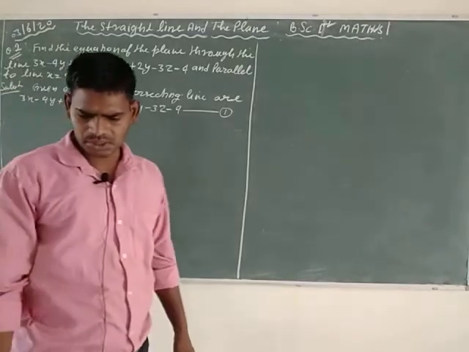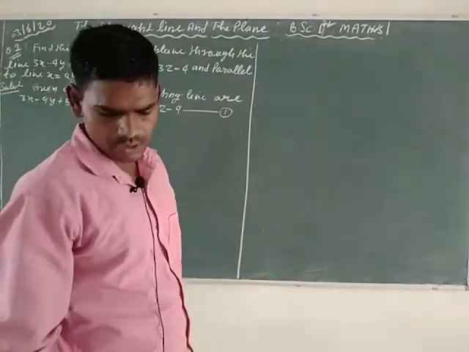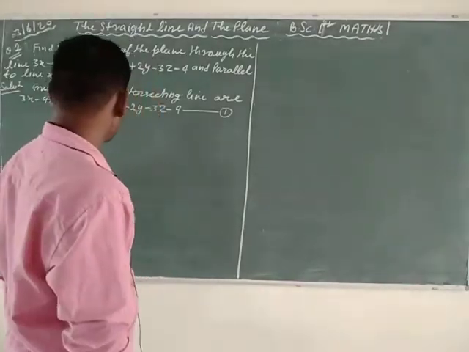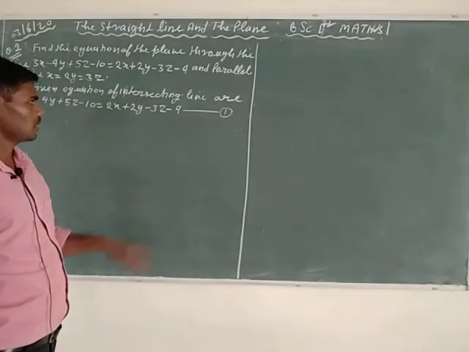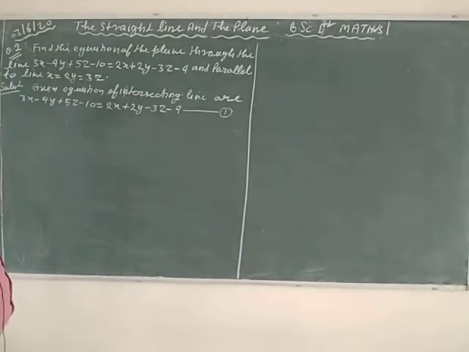So in the first equation we write the equation of the given intersecting line. This is the equation of the given intersecting line.